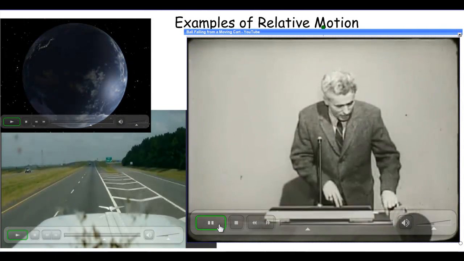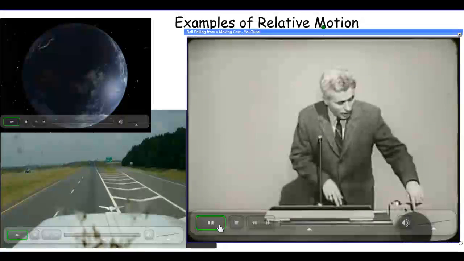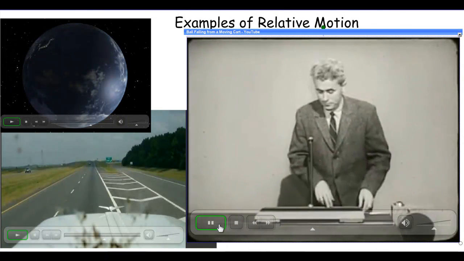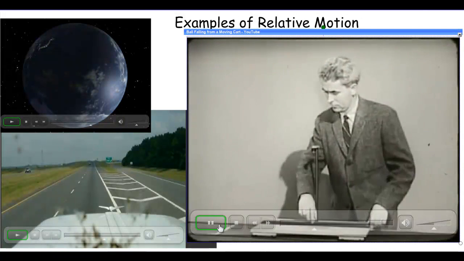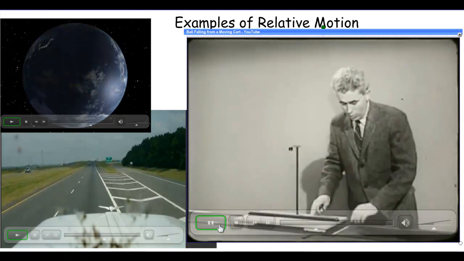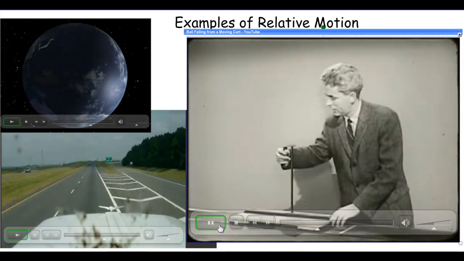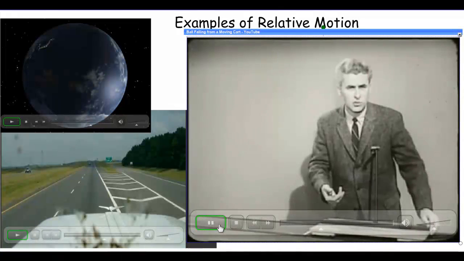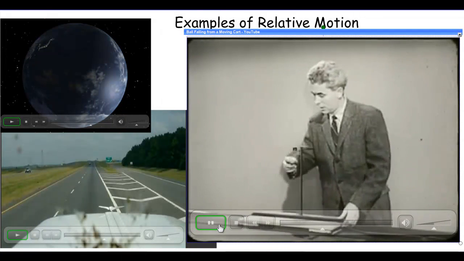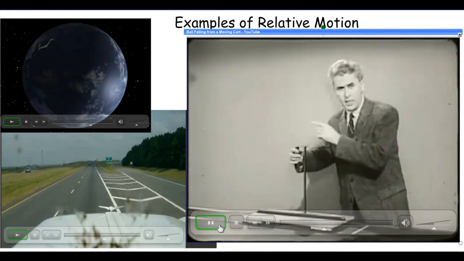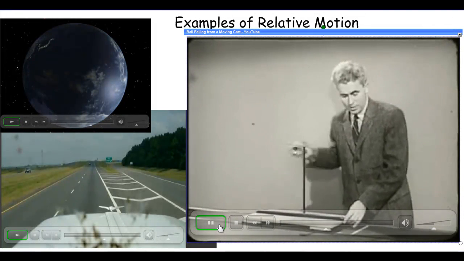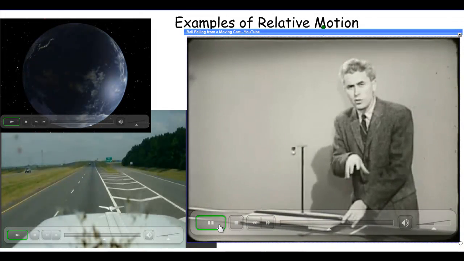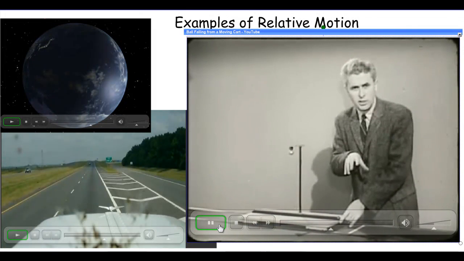The cart is pulled along by a string which is wound around this phonograph turntable, and that pulls it with a constant velocity. When the cart passes this line, the ball is released, as you can see. I'm going to start the cart down at the end of the table so that by the time it gets to this point, I can be sure it's moving with a constant velocity. Now, I want you to watch right here so that you will see the ball falling.